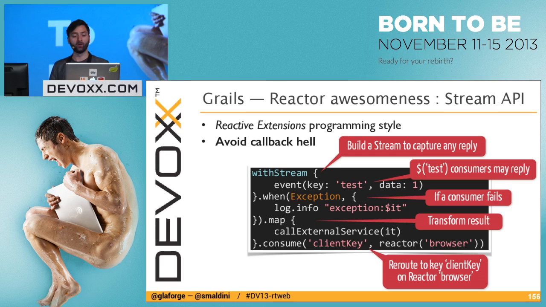That means all these things happening there are going to be forwarded to the reactor with ID browser. Reactor is a method injected for you to fetch a reactor from the registry. Remember, you can have different reactors for different purposes. That one is the reactor for the browser purpose. And after all these operations have happened, I want to send them back to the browser, maybe. We'll see in detail how that will work. So the callback is the browser there.